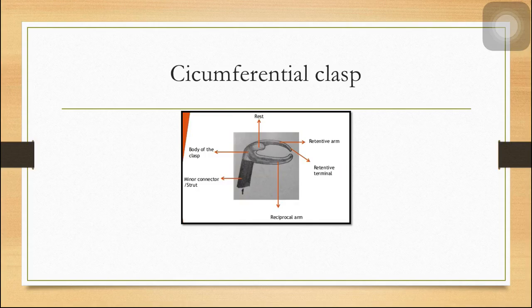We all know the basic principles of these parts. The rest gives support to the denture. The retentive arm gives retention, and the reciprocal arm gives reciprocation of deleterious forces that are applied during retentive arm function. We have been through that in the previous presentation as well.